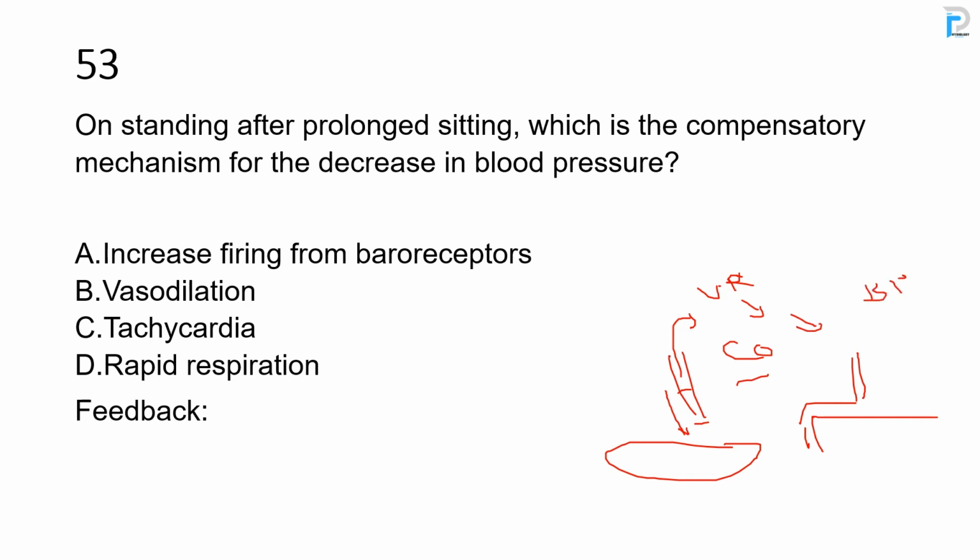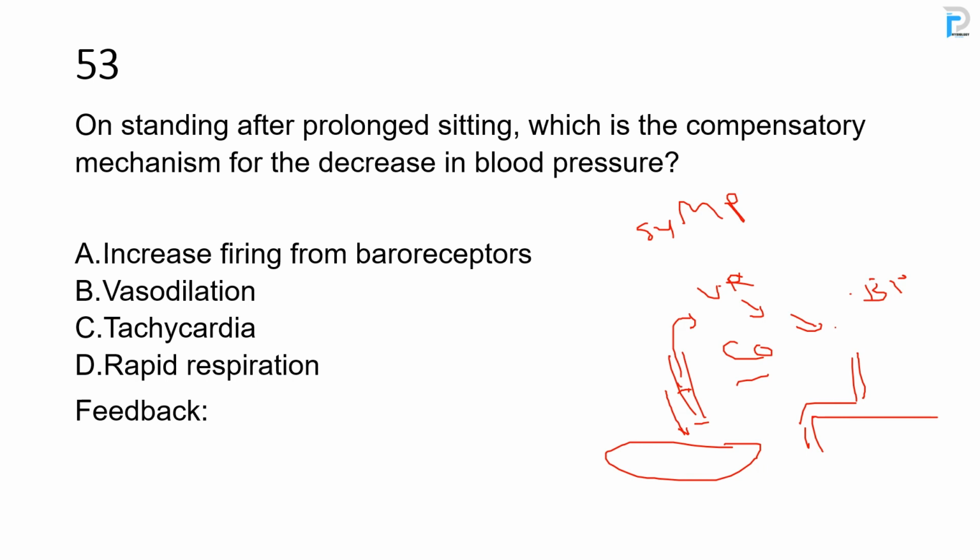But normally, when we change our posture and the blood pressure decreases, the baroreceptors, which are sensitive to the blood pressure change, detect the change and stimulate the sympathetic system. Sympathetic causes vasoconstriction.